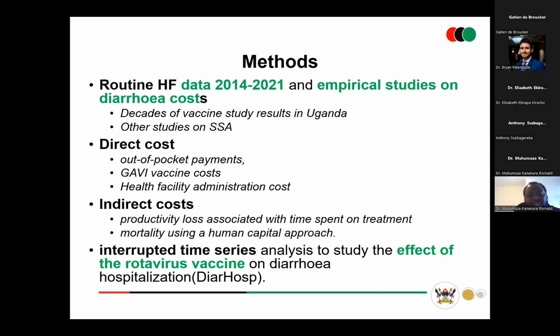In the analysis, we consider the direct costs and indirect costs, but also in terms of modeling, we apply interrupted time series analysis to understand the effect of rotavirus vaccine, and also to come up with predicted estimates.